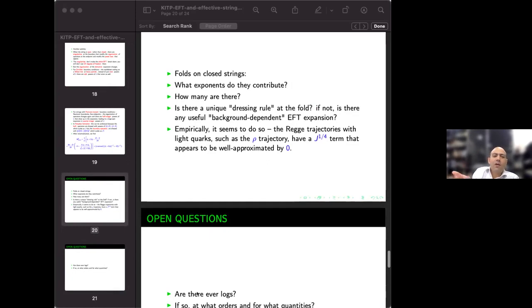However, for the open flux tubes, you can have hybrid potentials, and you can compare them to actual states. I'm not aware of such comparisons, but I'm pretty sure that people have done that, and it can be done.